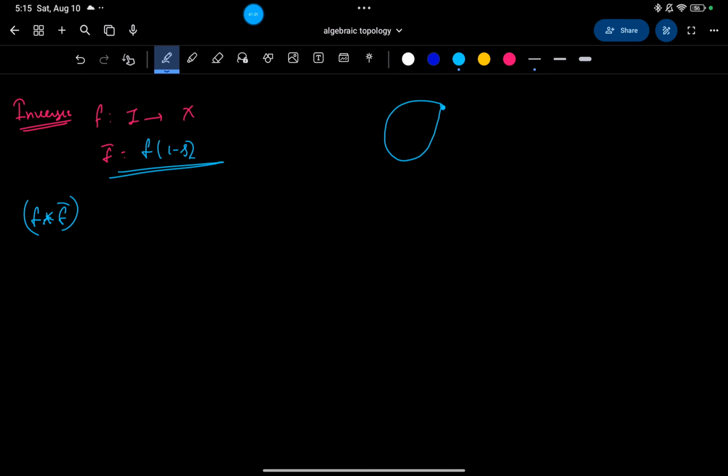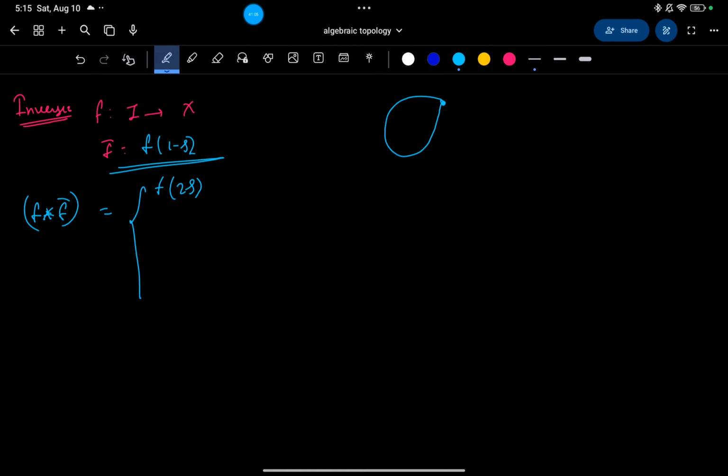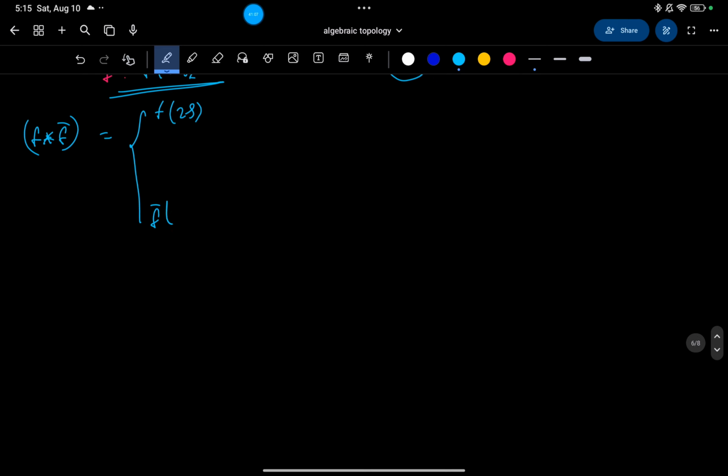So what about f bar now? f star f bar is f of 2s for 0 to half, and f bar of 2s minus 1 for half to 1. So what is f bar of 2s minus 1? It is f of 2 minus 2s.